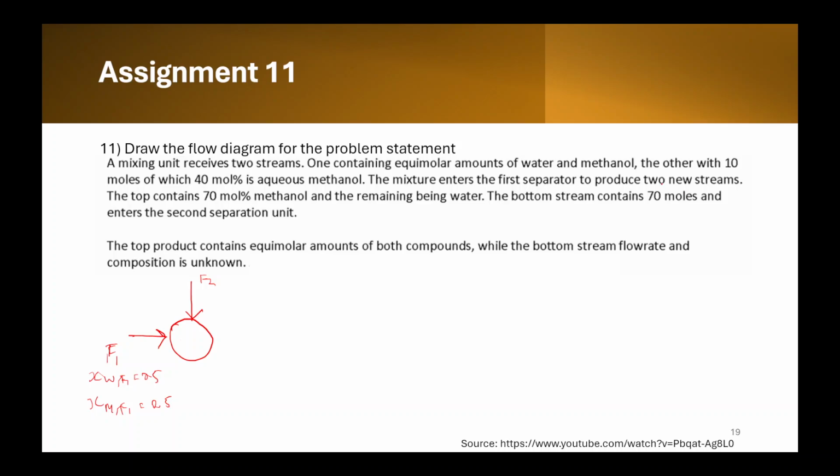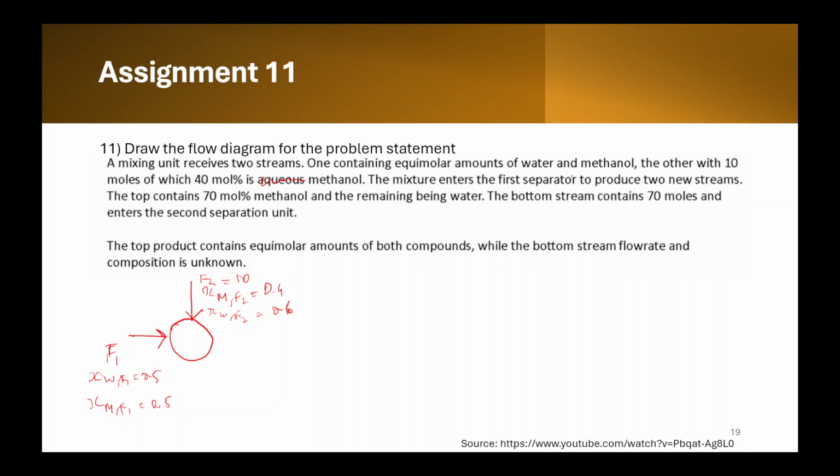And the other with 10 moles, so this F2 is basically 10, of which 40% is methanol, you can say aqueous methanol. So XM,F2 is 0.4, and then XW,F2 will be 1 minus 0.4, which is 0.6. Okay.